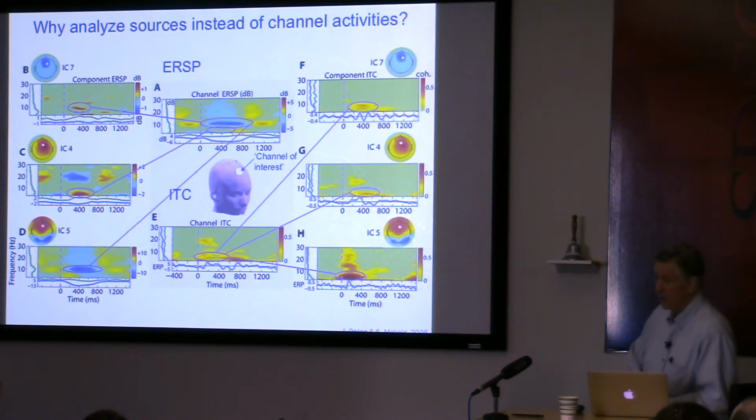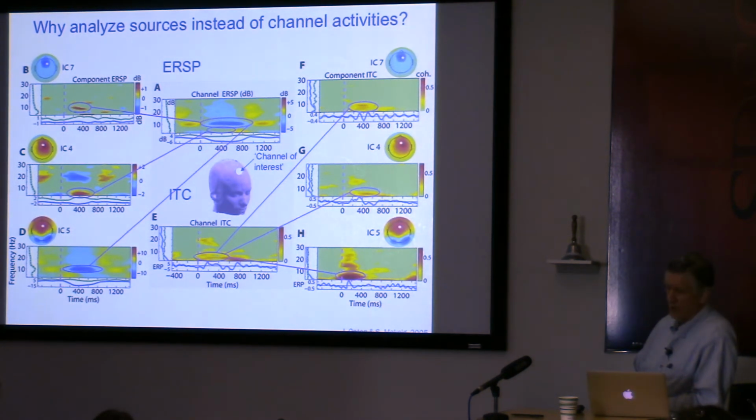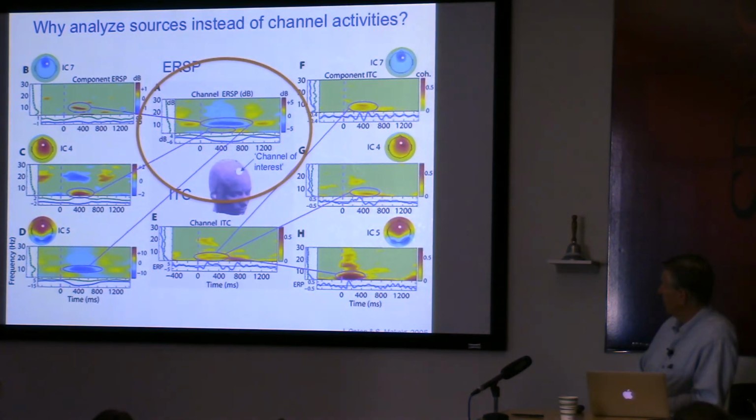Here's time frequency analysis. John hasn't covered time frequency analysis yet, but here are the spectral perturbations that occur, the average spectral response induced by a set of stimuli or a set of events. And here at the channel, this is probably FC, there's what happens: you get an alpha blocking, 10 hertz blocking following the stimulus, and some other phenomena.